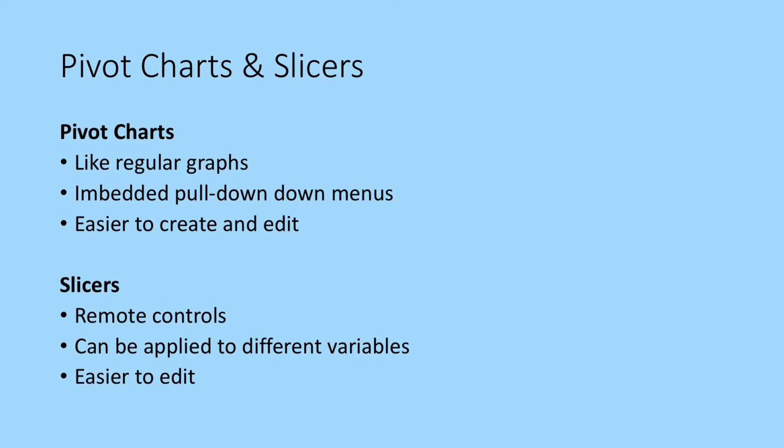And the reason slicers are so awesome is because they can be applied to multiple charts simultaneously. So if you have 3 different styles of charts that all have variables that can be changed, you can use one slicer on 3 or 4 different charts at the same time, and with just a click of a button, you can update the information on your chart, easy as pie.